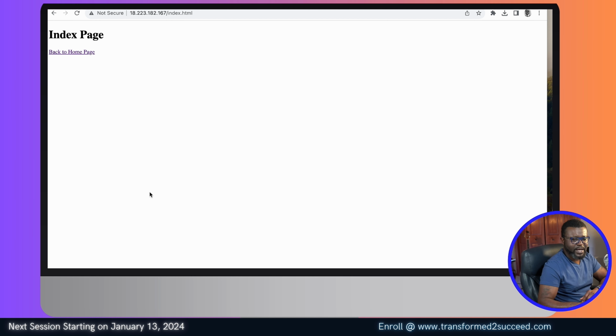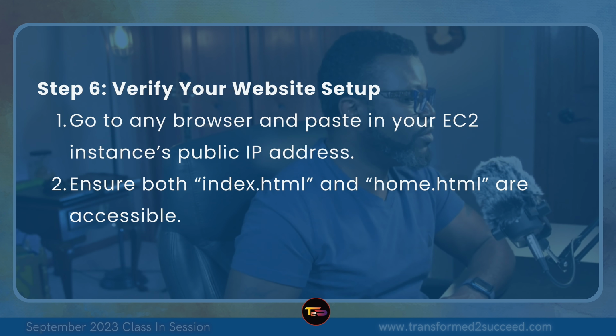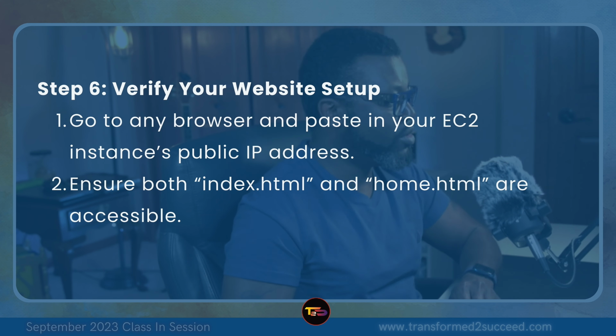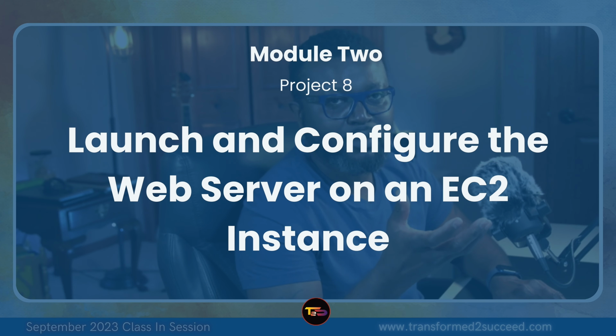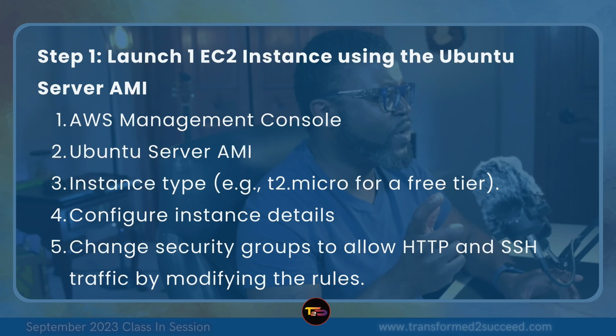And then pretty much I think we have covered everything. So what we have done in this demo is that we launched and configured a web server, in this case Nginx, on an EC2 instance on AWS. The tasks that we accomplished through this video were: number one, we launched the EC2 instance, and we took care of those 5 steps.